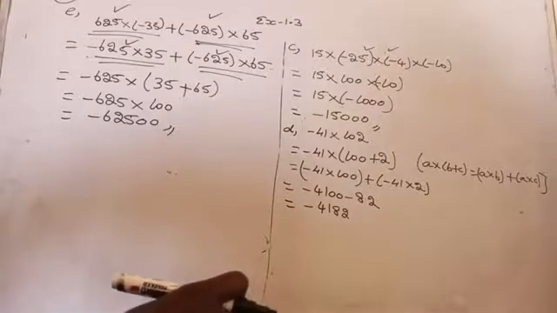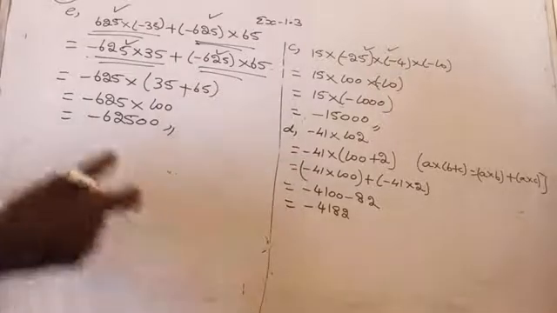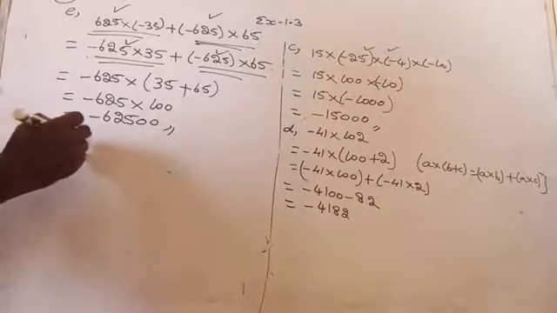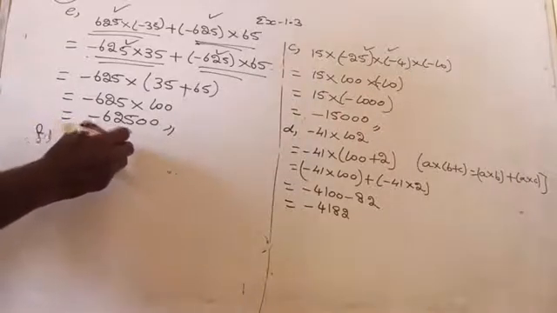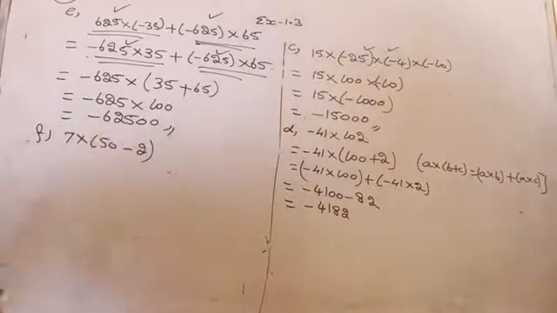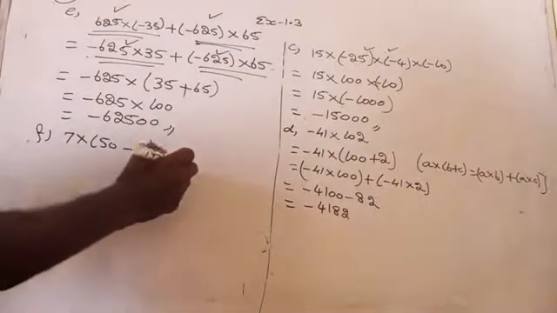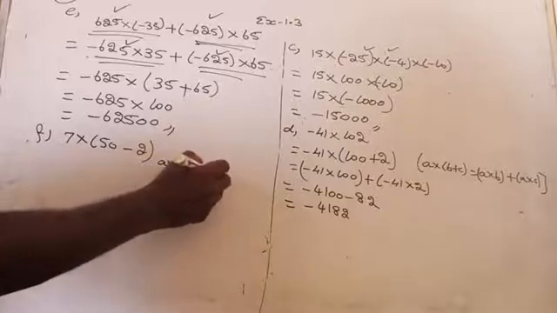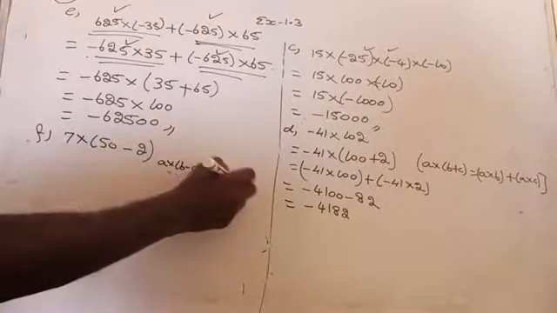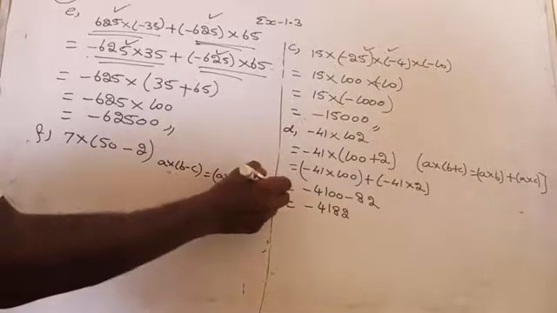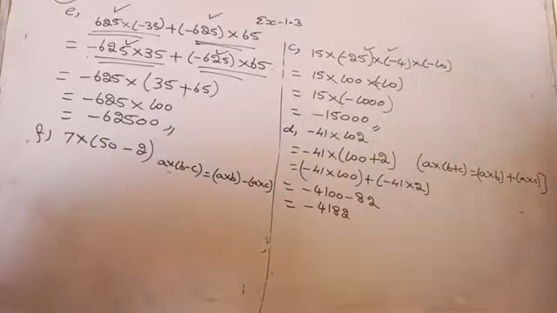Yes. Now after that, F. That is 7 into 50 minus 2. It is in the form of A into B minus C. So A into B minus C means A into B minus A into C. That is the distributive property of multiplication over subtraction.